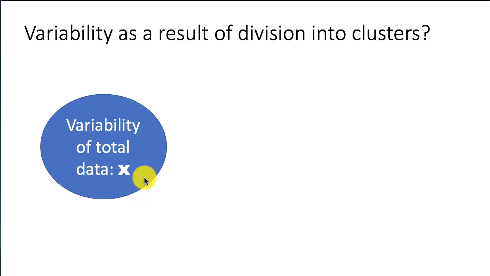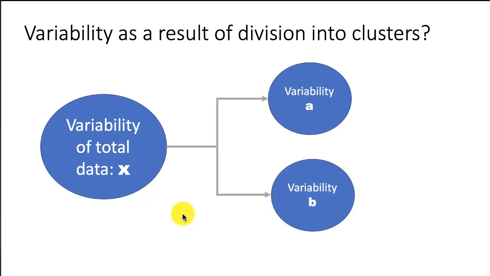Now suppose you take this data set and divide it into two parts, in other words, two clusters. It doesn't matter how you do it, just break it up into two parts and calculate the variability of this part. Let's say that turns out to be A, and the variability of this part turns out to be B. Obviously, what you'll find is that A plus B does not add up to X.